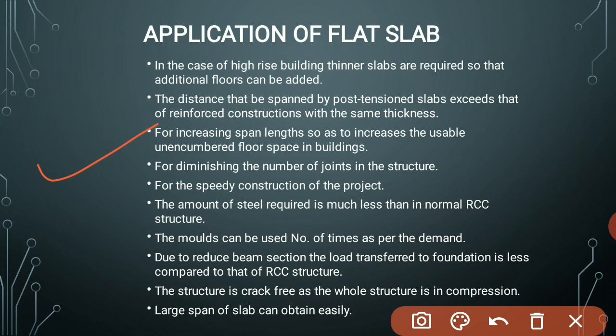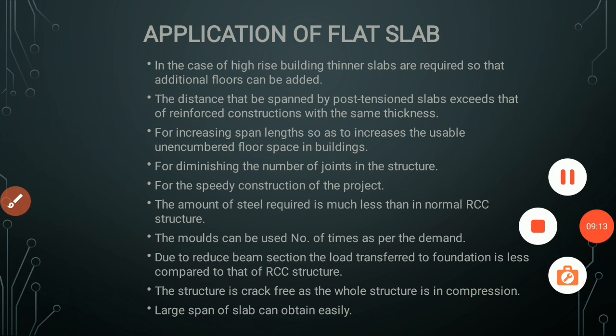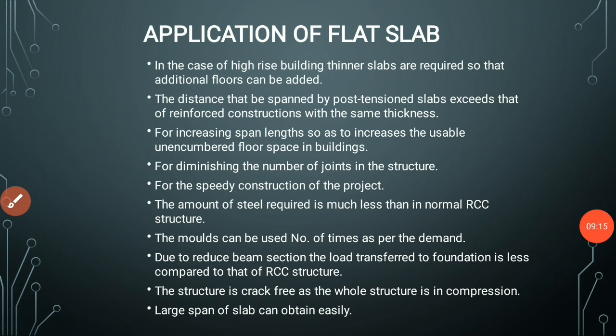The distance that can be spanned by post tension slab exceeds the reinforced construction with the same thickness. Okay, for increasing span length so as to increase the usable unencumbered floor space in the building. So it means we can get the maximum floor space in the building if we go for a flat slab.